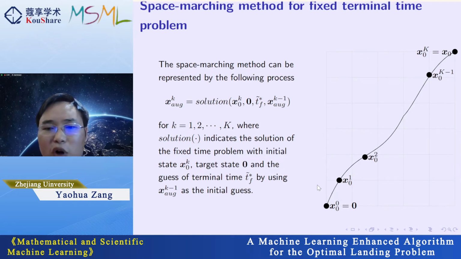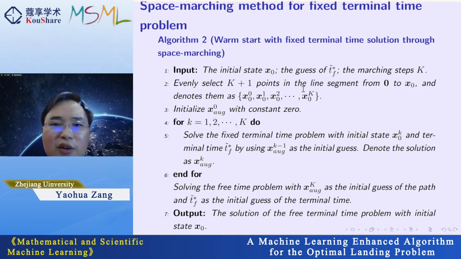After this problem has been solved, we repeat this process until the step reaches capital K. That is, the initial state is exactly the original problem. Then the fixed time problems will be solved.